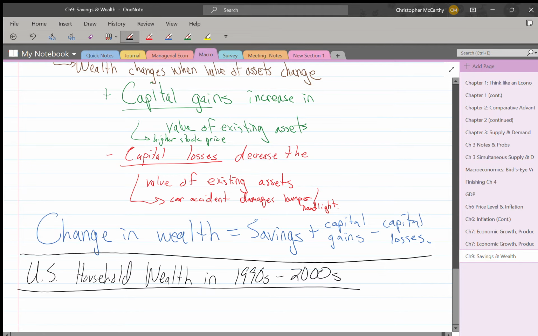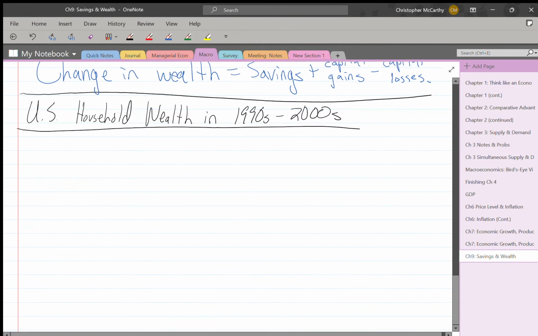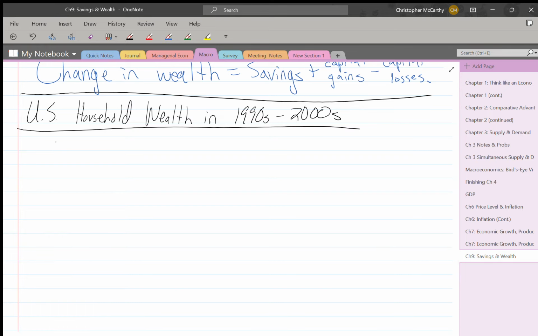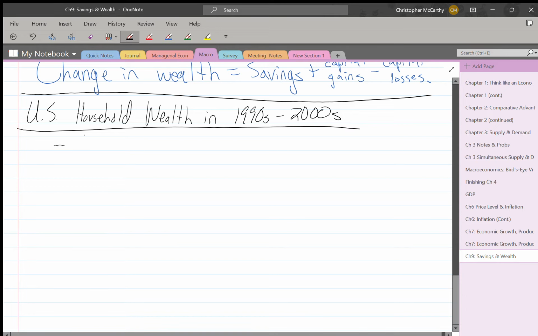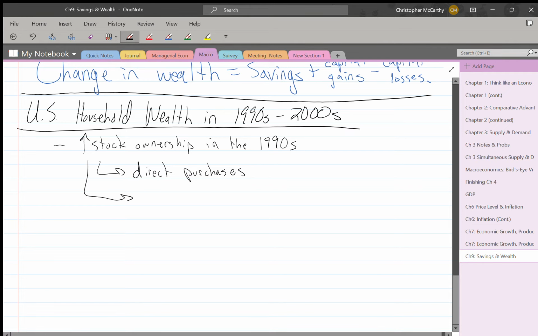We'll talk a little bit about U.S. household wealth from the 1990s to the 2000s. So we saw an increase in stock ownership in the 1990s. So this is directly the result of direct purchases and it's also the result of mutual funds.